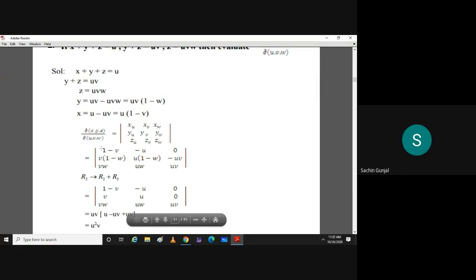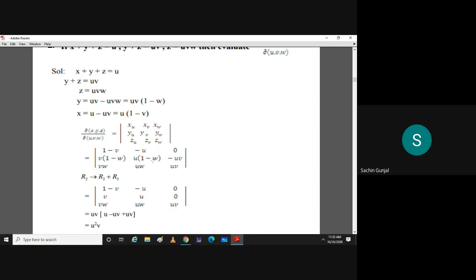Now you can directly calculate this Jacobian, or you can use properties of determinants to get the answer. What they did is try to simplify or minimize the terms. The second row is v minus vw, and there is vw in the last row.